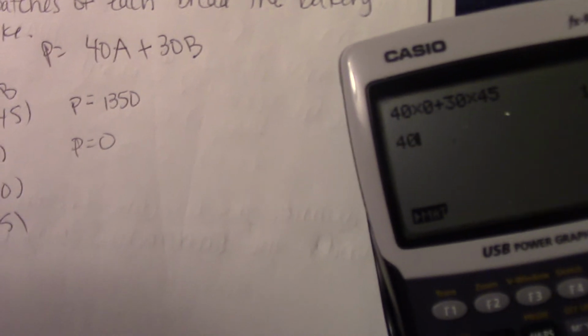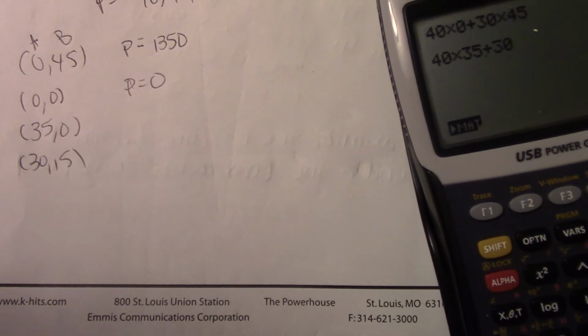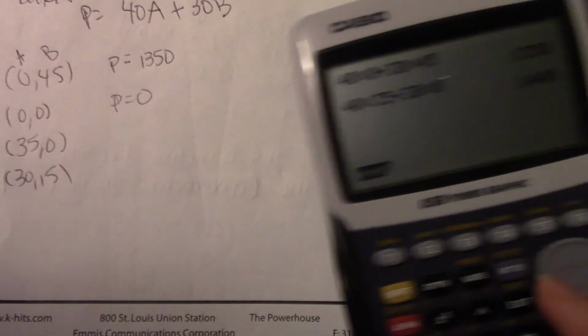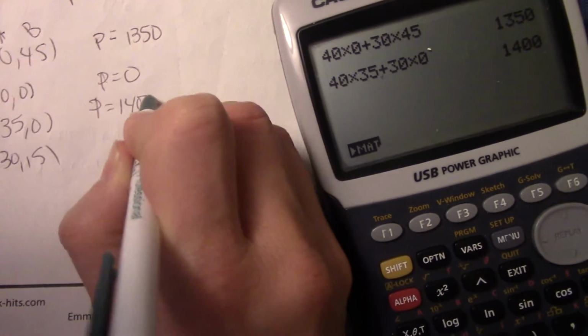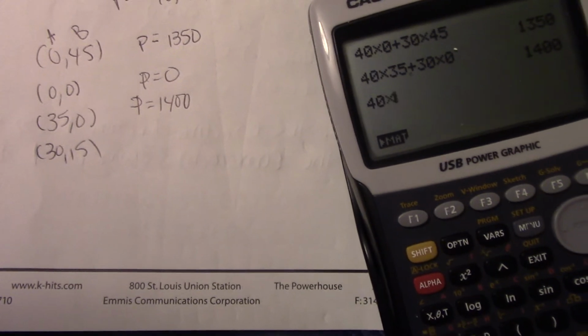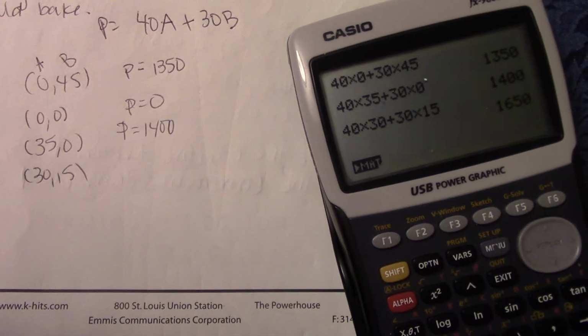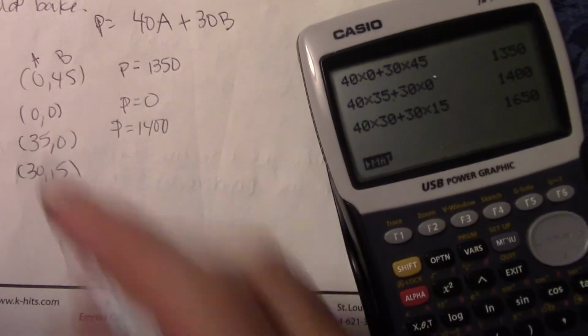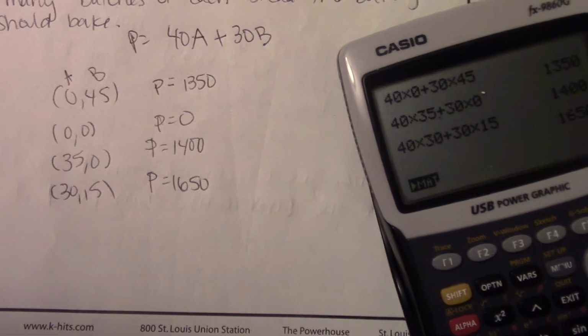So 40 times 35 plus 30 times 0 is 1400. And now let's do our last one. 40 times 30 plus 30 times 15. So P is 1650.